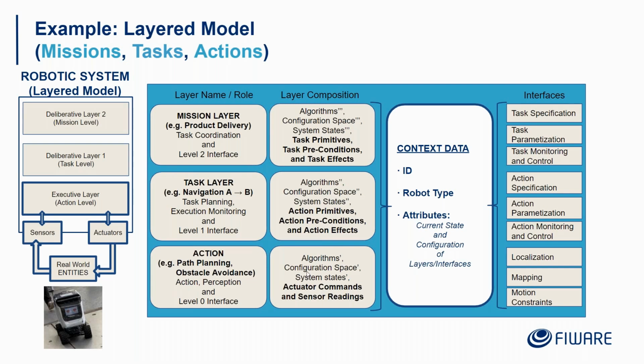So that allows us to enter into a harmonized context data model where all of these features are exposed. This harmonized environment also connects with the external robot interfaces of the black box system. So here is where we can exploit this context data approach to harmonize multiple robotic systems.